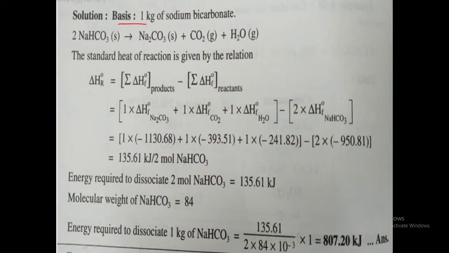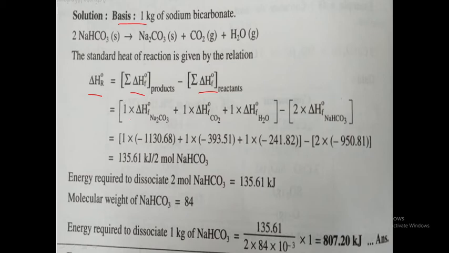The standard heat of reaction equation is the summation of standard heat of formation of products minus the summation of standard heat of formation of reactants. First we concentrate on the products.